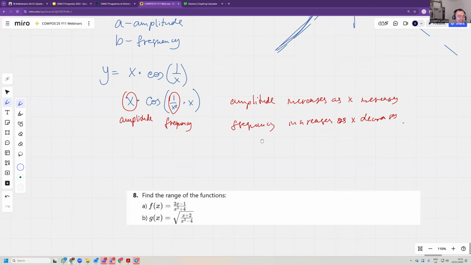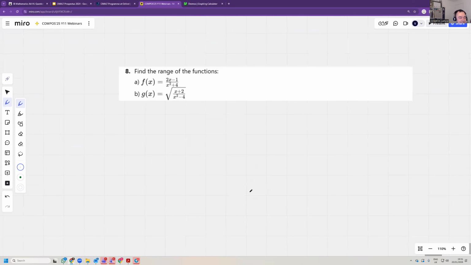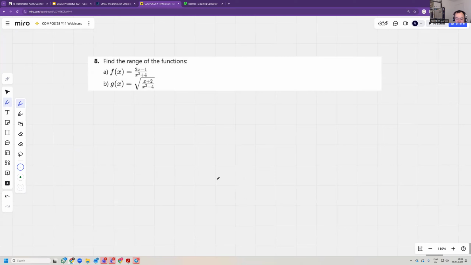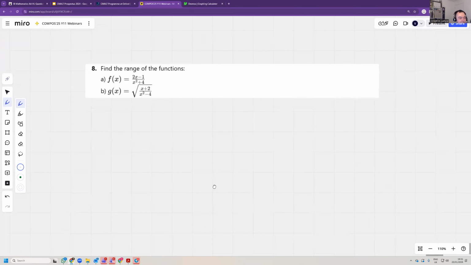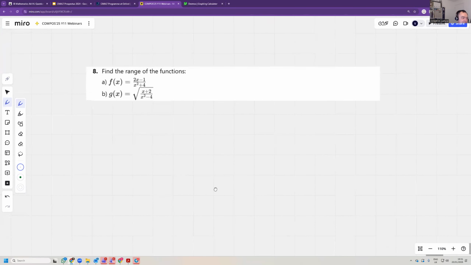Okay. Right. Find the range of these functions. I kind of ran out of time. But the best way to do it would be to sketch the graphs. And to sketch the graphs, you would need to find the critical points and any asymptotes.